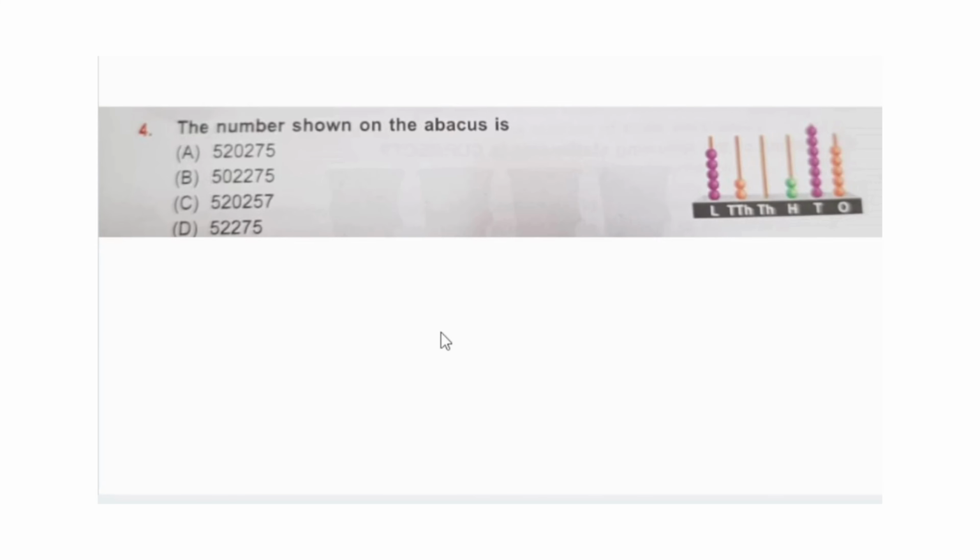Let's look at question number 4 in number sense. To be able to solve this problem based on the abacus: from the following figures, the number shown on the abacus is. To solve this problem, we need to find out the number of beads representing a place value in the given abacus.